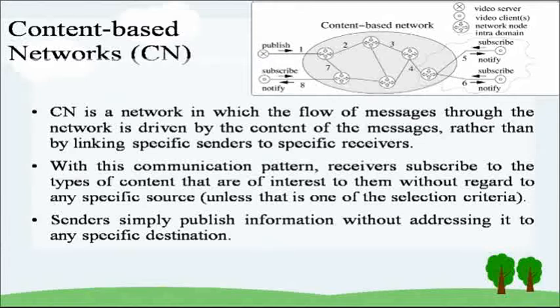So this network is complementing traditional unicast and multicast networks, providing improved support for communication modes underlying large scale, loosely coupled, multi-party distributed applications such as auctioning, personalized news distribution, service discovery and multiplayer games. So in these types of scenarios, content-based networks can help.